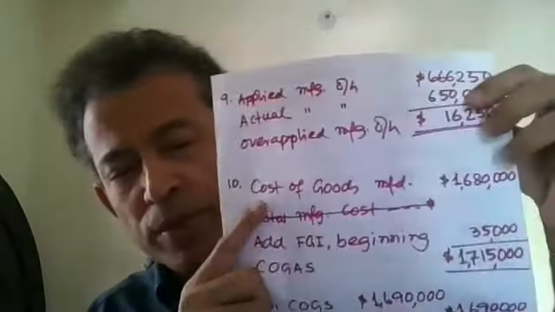So we do that. You see cost of goods manufactured already given, 1.68 million. They said that $1.68 million worth of goods have been transferred to finished goods. So that's what has been manufactured.